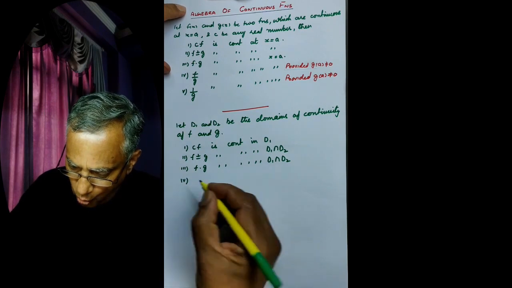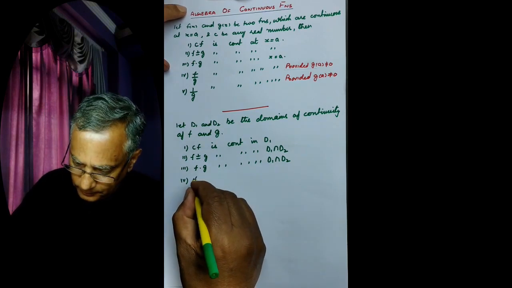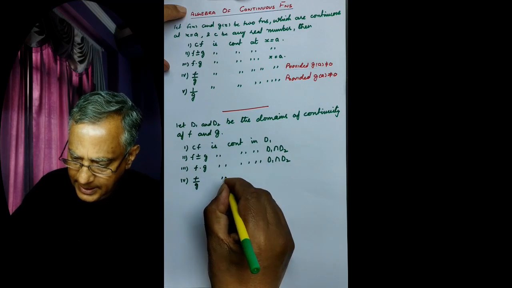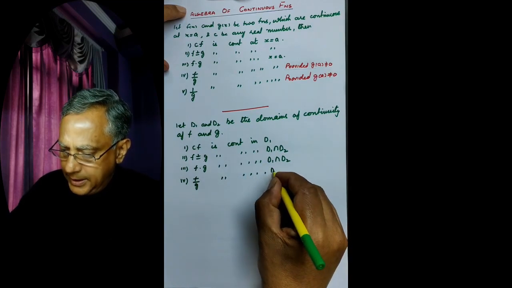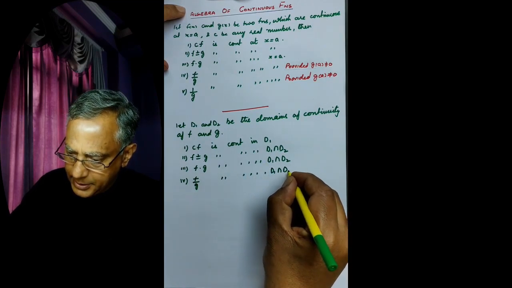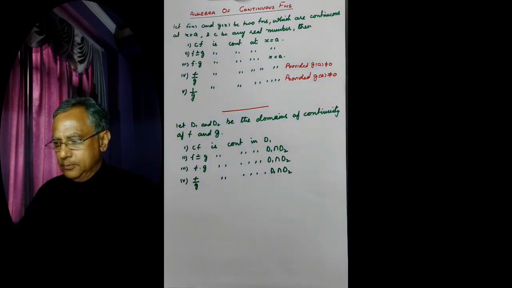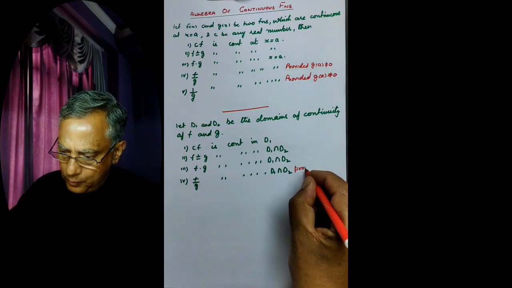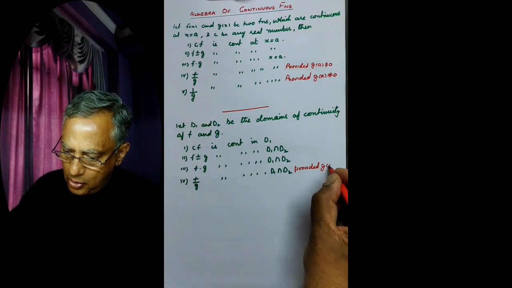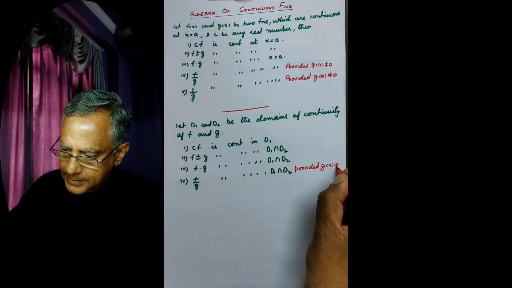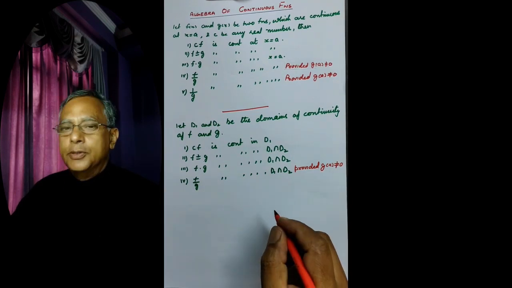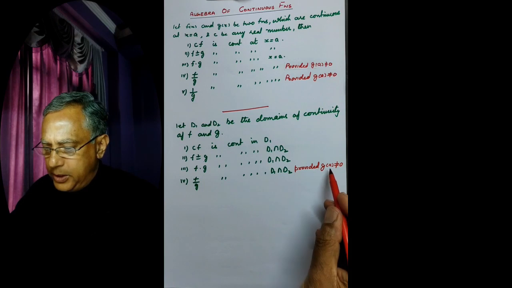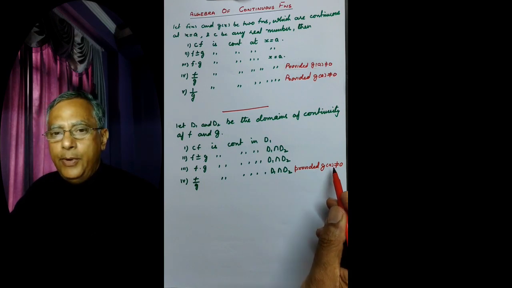And fourth, f over g is continuous in D1 intersection D2, provided g of x is not equal to 0. That is, we will have to leave the points where g(x) is 0.